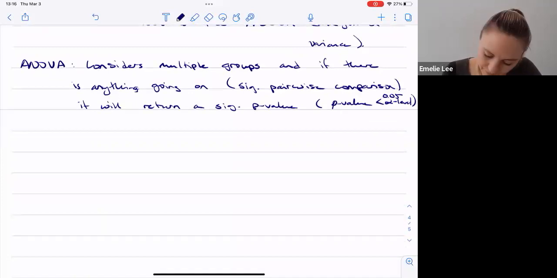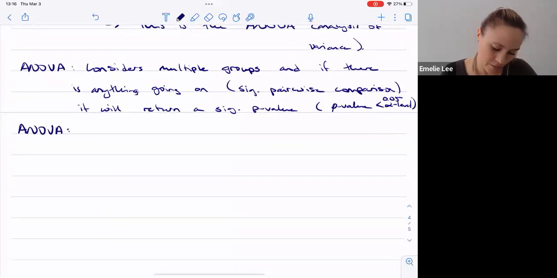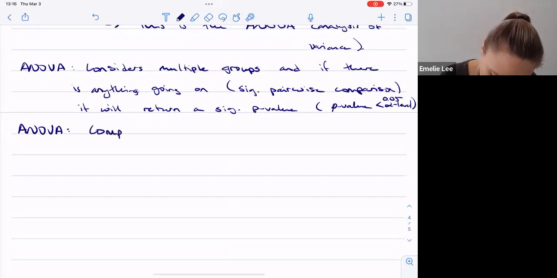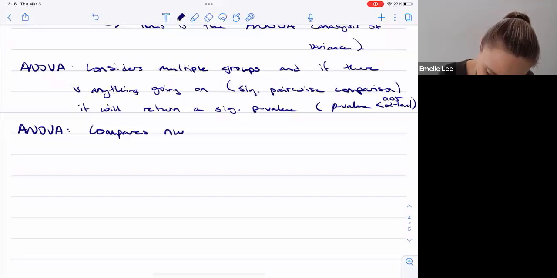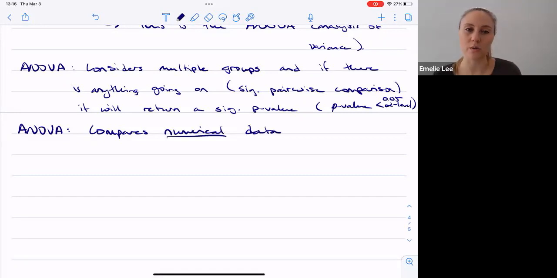Okay, so I've got a fresh page here, so it's going to look weird for a bit, but I am going to highlight the ANOVA again. What I didn't say is multiple groups of numerical data. The ANOVA compares numerical data across more than 2 groups.